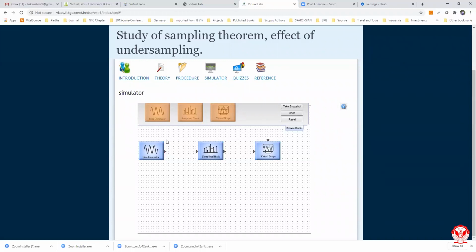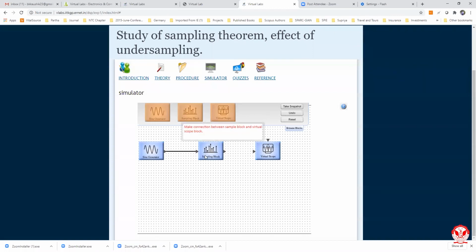We find a pen-like structure appears in place of the cursor. So we select here and move along the line. The area becomes bluish. As we approach the next block, it becomes red. Once it becomes red, we have to drop our signal here. Now we find the sine generator and the sampling block are both connected.